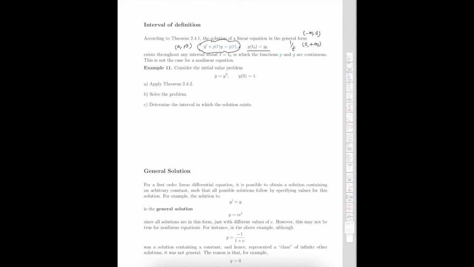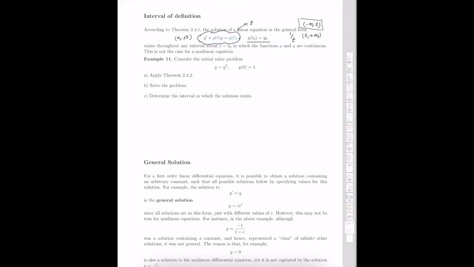Now imagine g of t was just t, which was continuous everywhere. Then based on the initial condition, one of these intervals would have been chosen, and this same interval was the interval of definition. You don't need to do any extra calculation. That is quite handy.